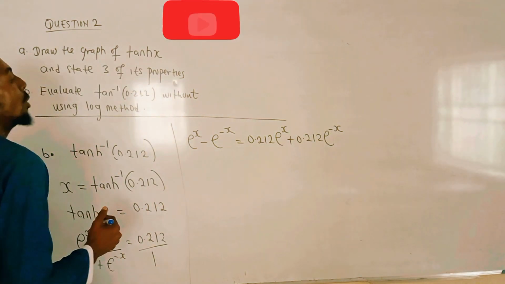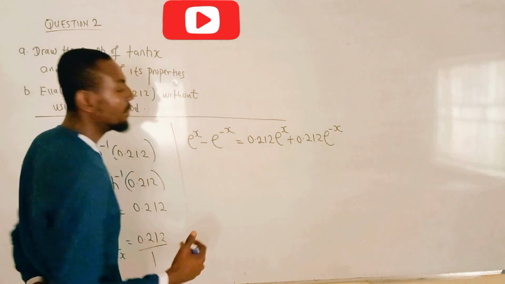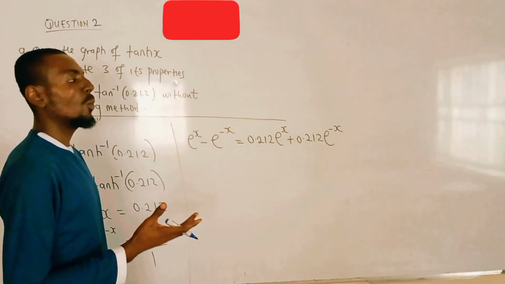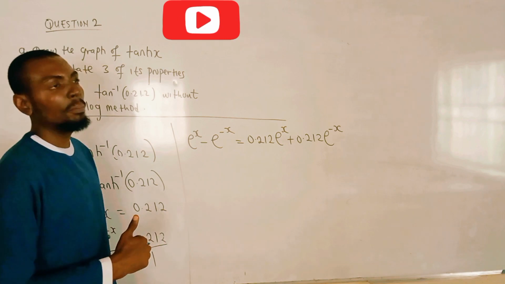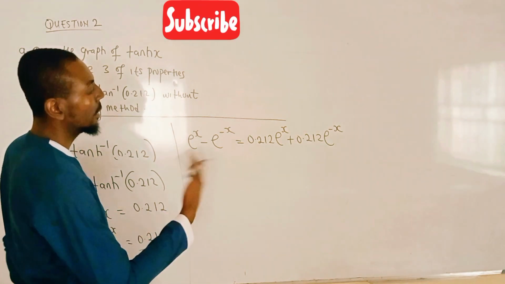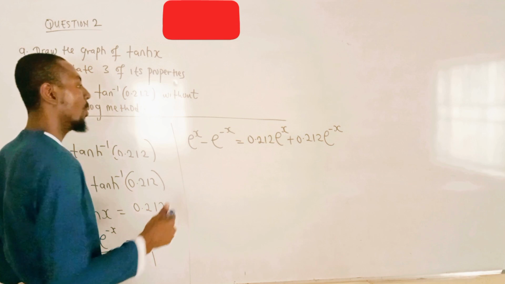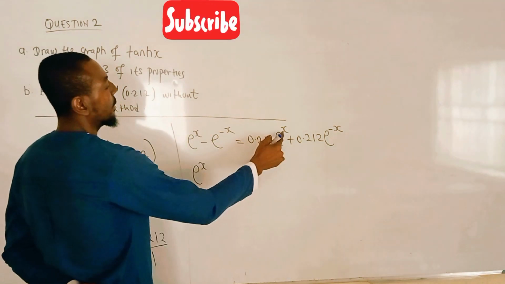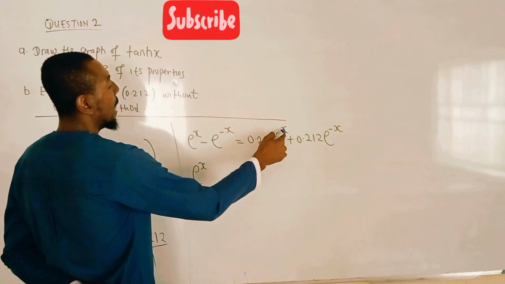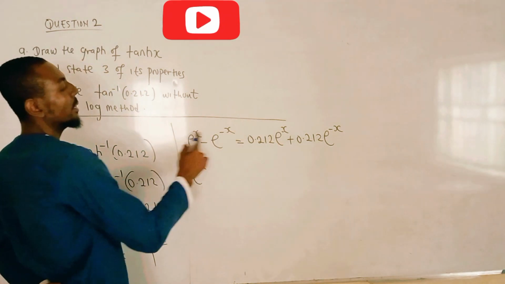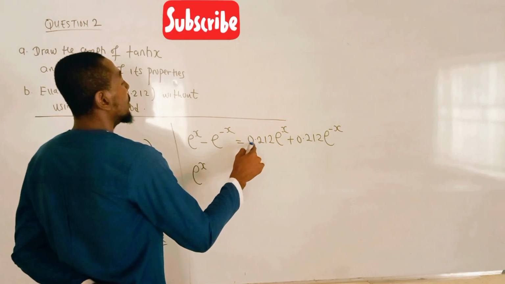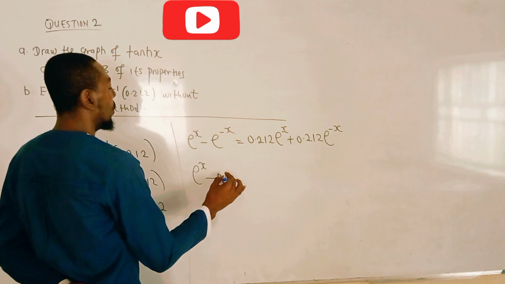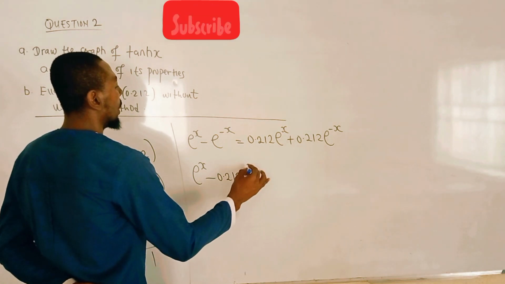Okay? So now we're going to collect items. The one having a positive power of x will go one side and we'll select them. Then the one having a negative power of x should go to the right hand side. We have exponential x, then the positive power of x is this. So we'll take this guy that has the positive power of x, just the same thing as this. So minus 0.212 exponential x to cross to this side will give us negative 0.212 exponential x.